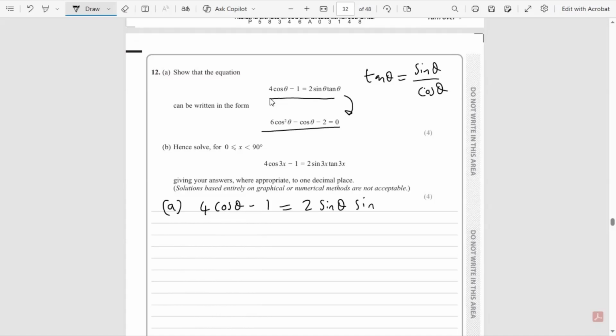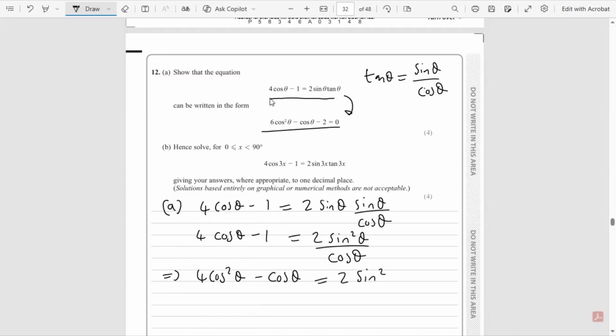So we've got here sine theta over cos theta. So then this gives us 4 cos theta minus 1 is equal to 2, and then sine theta times sine theta gives you a sine squared theta, and then divide by cos theta there. Now we can multiply over the cos theta to the left side. So this then gives us 4 cos squared theta minus cos theta is equal to 2 sine squared.